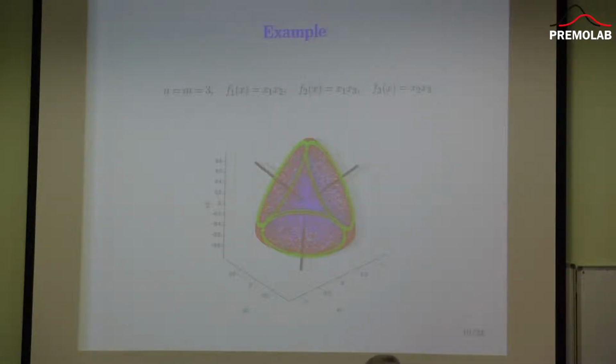But here is a very simple example. The quadratic functions are written here. You see, they are as simple as possible. And the dimension is 3 and 3. And here is how the image looks.